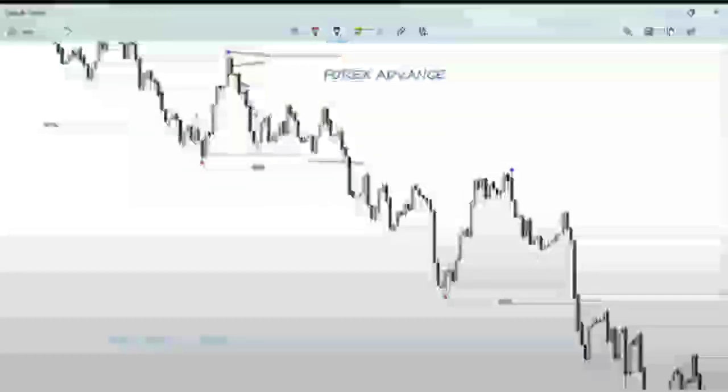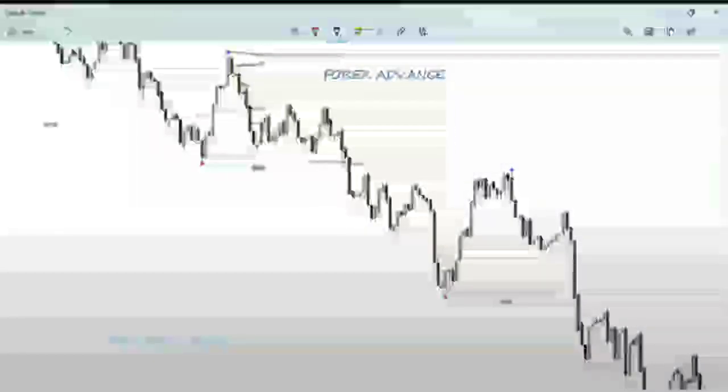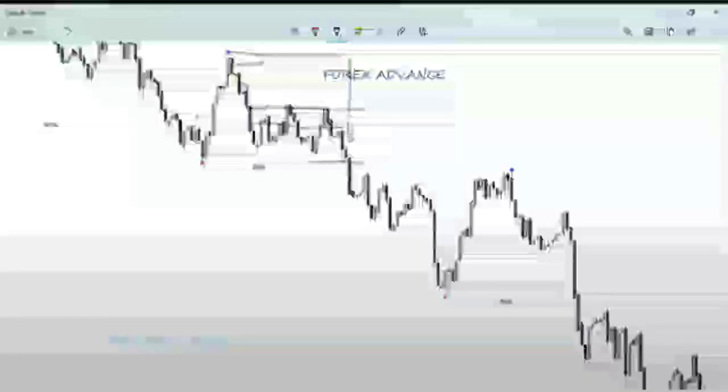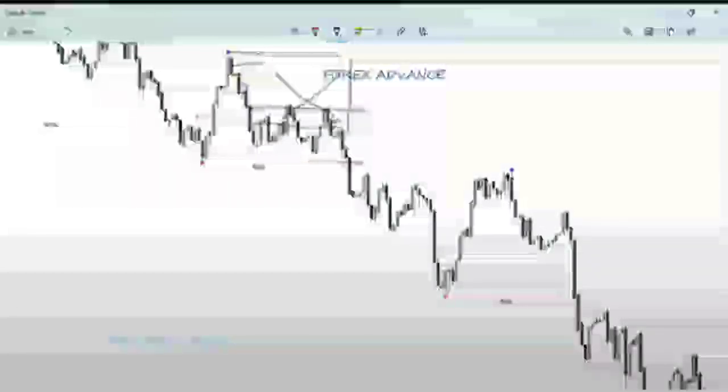Till here there are no imbalances, but this specific candle and this specific candle make an imbalance, yet we can see that this area is already mitigated. So in this whole area we didn't have any order block or any pending imbalance, and so we will not mark this area as our order flow.